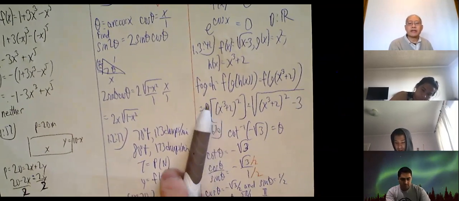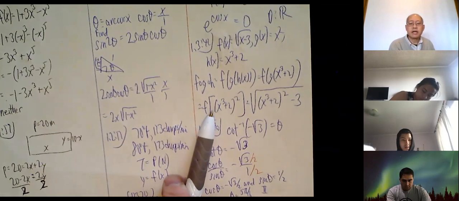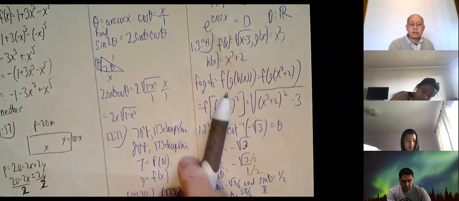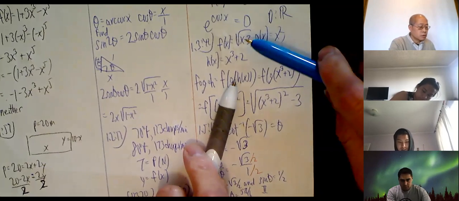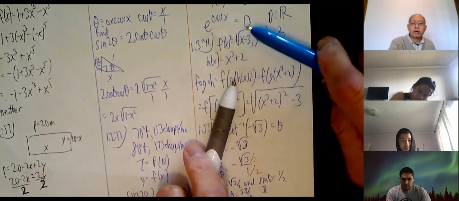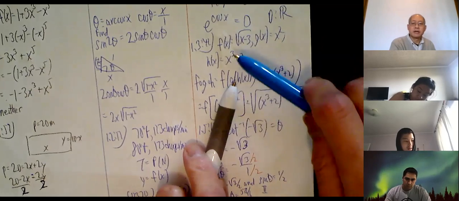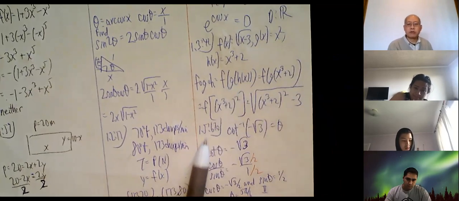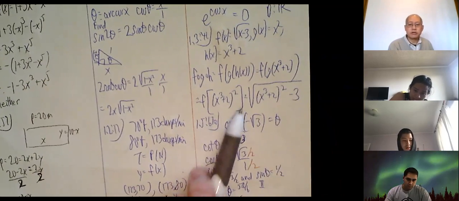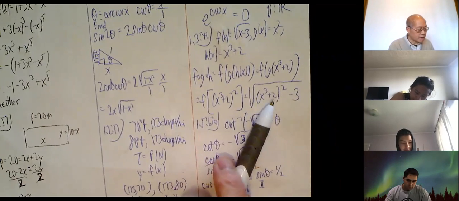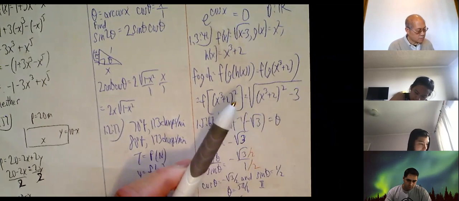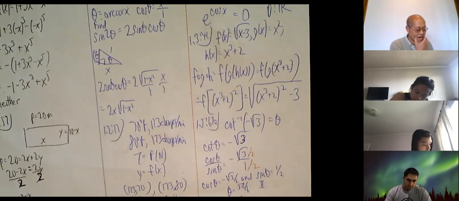And now I apply that to the function f. So whatever's behind my pen goes right there. Square root of pen minus 3. So square root of x cubed plus 2 quantity squared minus 3. Okay, so that's how you do that one.